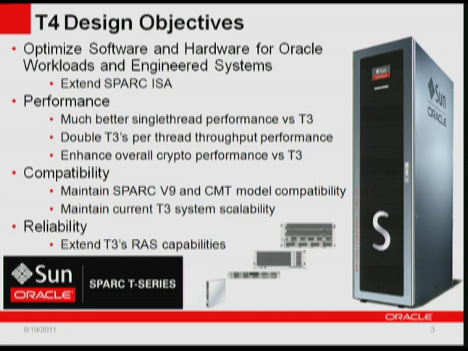In terms of compatibility, any application written for T3 will run on T4 without modification. In addition, applications will scale on T4 the same or better as they did on T3. And lastly, T4 has enhanced reliability. T4 protects more hardware structures and has more hardware correctable RAS errors than T3 did.